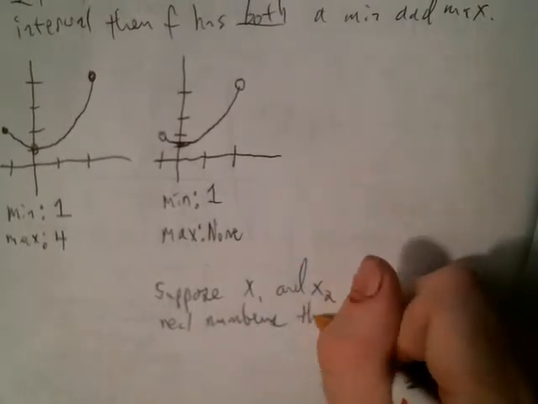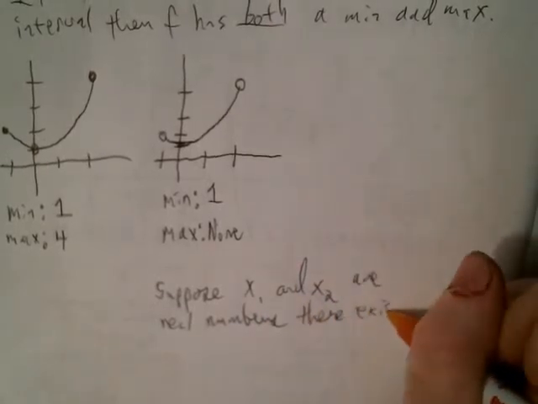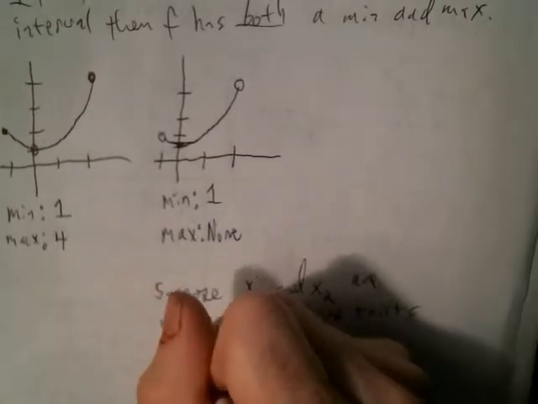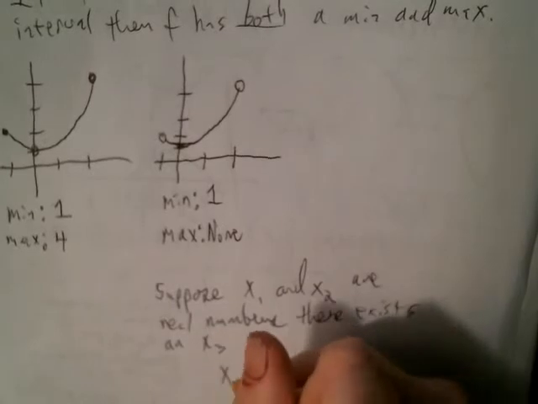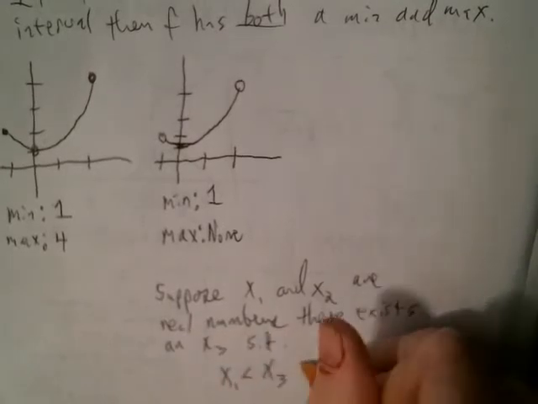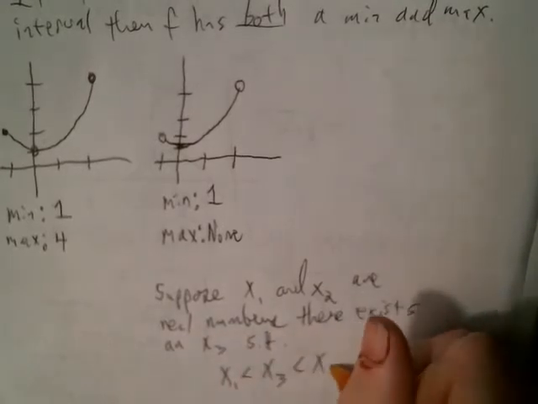So there will exist an x3 such that x3 is in between x1 and x2.